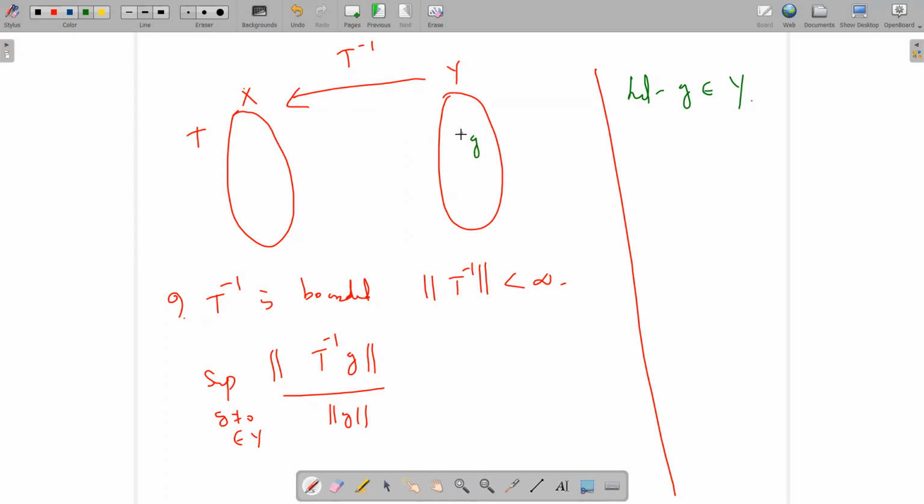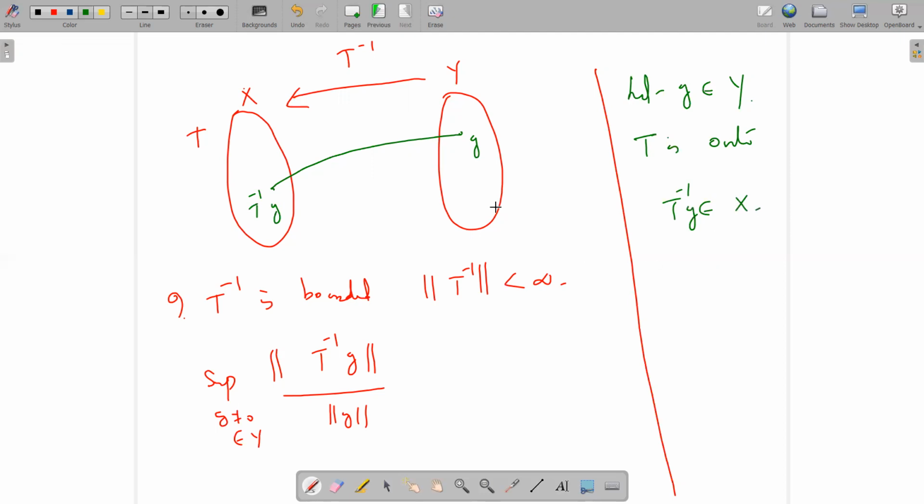Therefore, T inverse y belongs to capital X, since T inverse exists and is a function from Y to capital X.